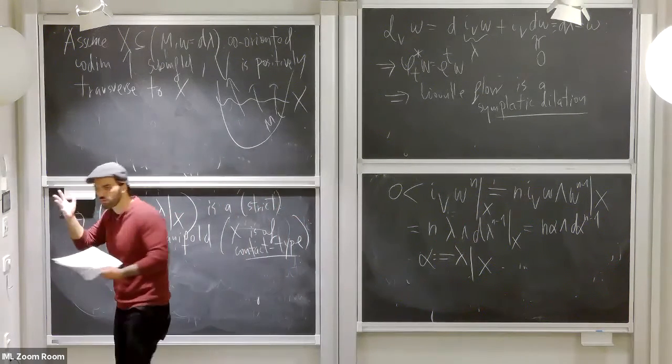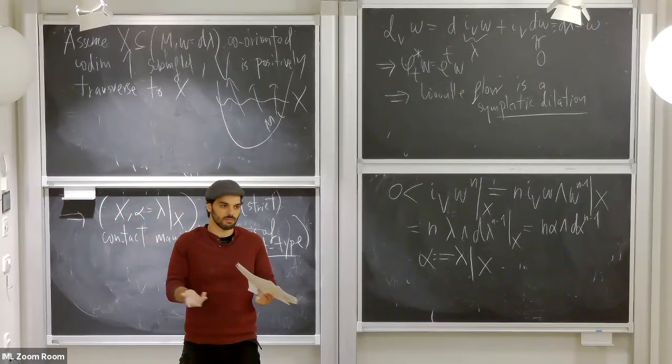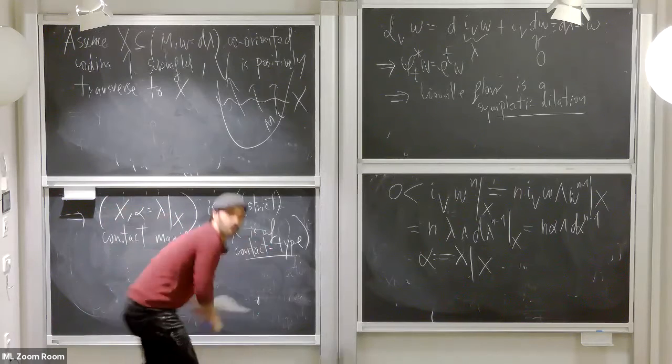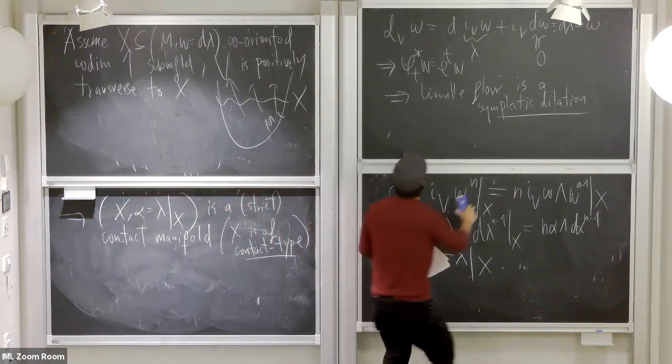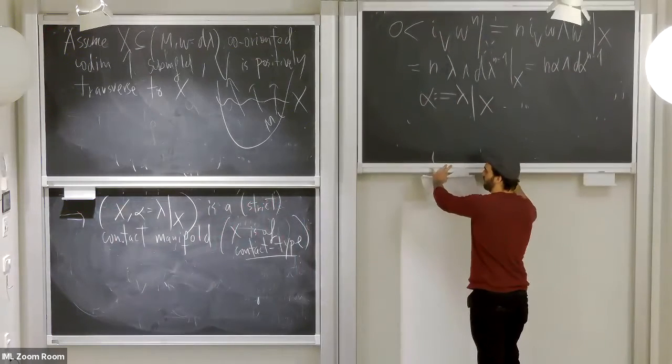So what you really think is X should be the level set of a Hamiltonian. Let me just finish the first part of the talk by stating that.